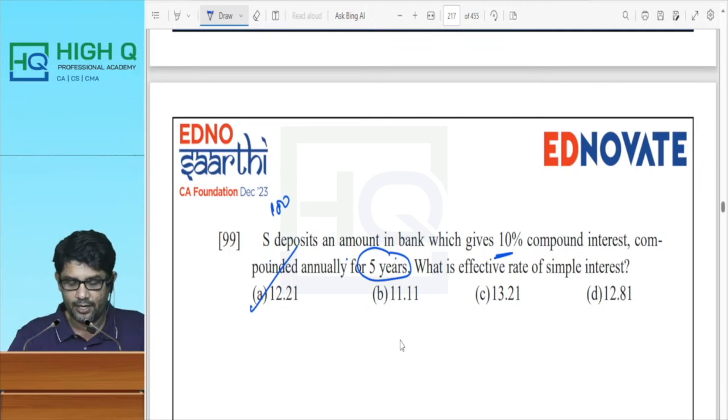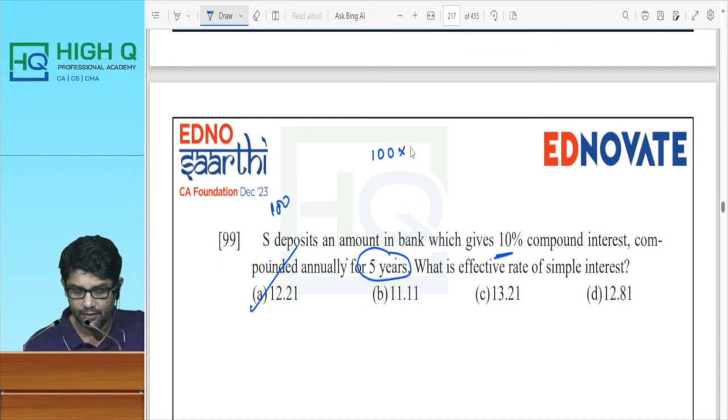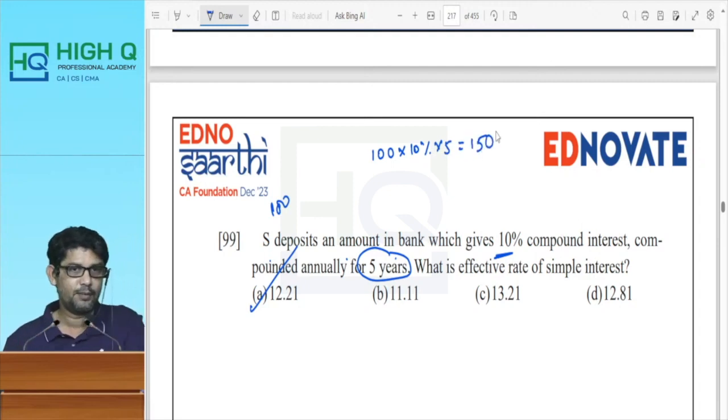See, for example, 100 rupees. If I go for 10% for 5 years, how much I'm getting, my dear? 150 rupees. Am I right, my dear?